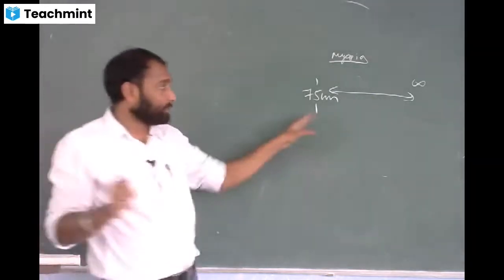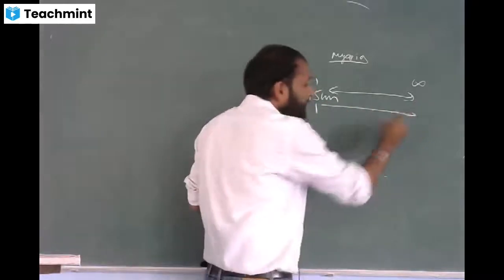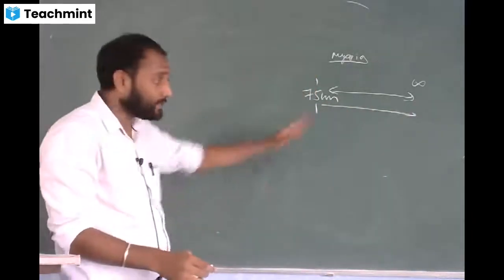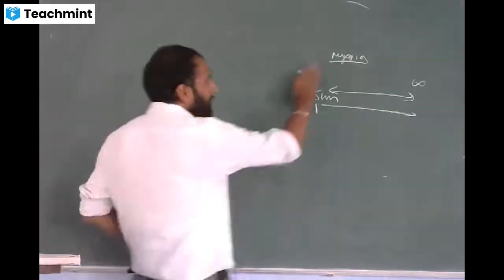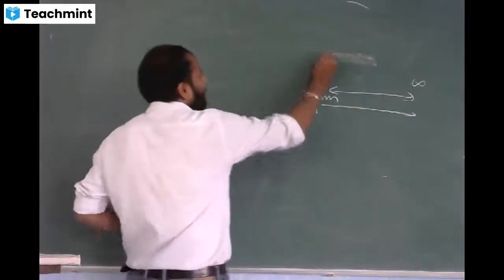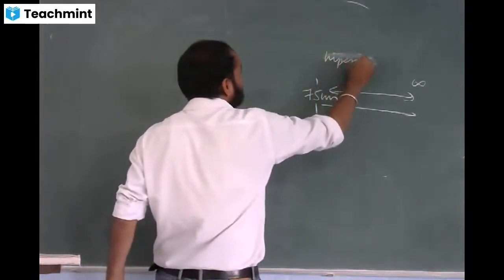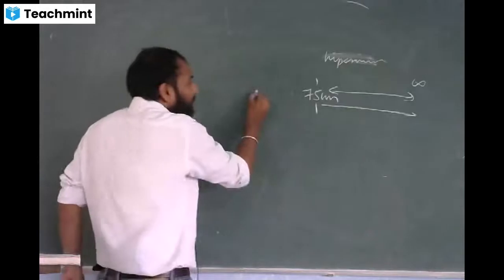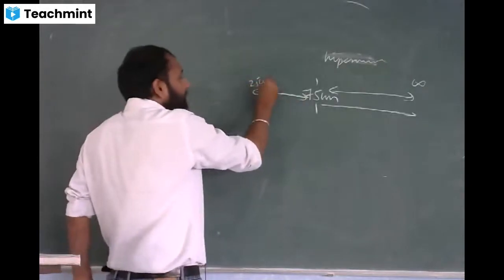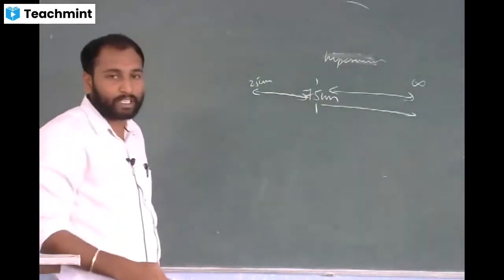Okay, this is correct. From 75 to infinity, he can see. So that means he is suffering from hypermetropia. From 25 to 75, he is not able to see.